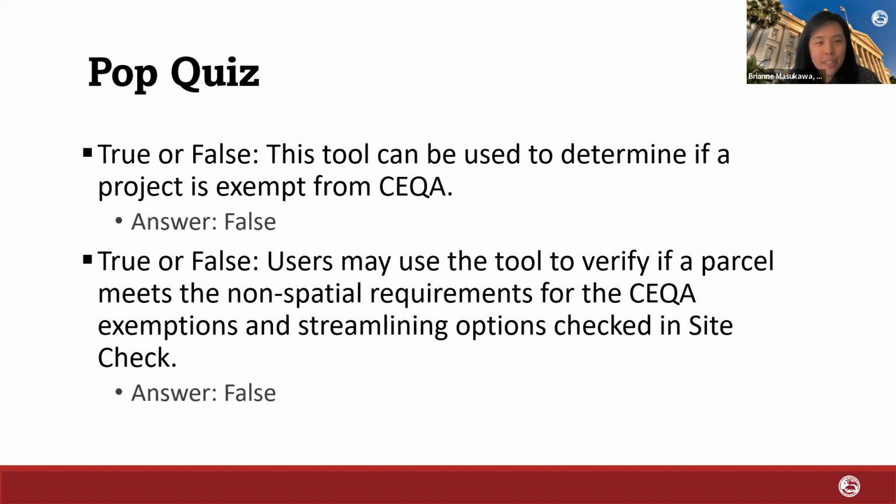The second, so it's false. And then for the second statement, users may use the tool to verify if a parcel meets the non-spatial requirements. So as I mentioned, if it's something very specific that can't be measured spatially, you'll typically see a green question mark. And then again, that goes back to you need to verify with your local planning agency. So this can't be the last step.